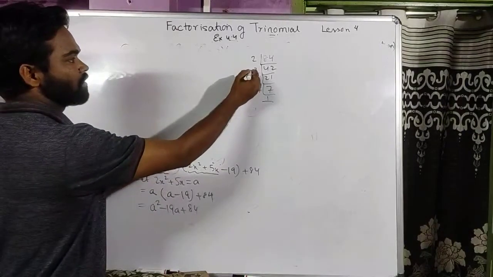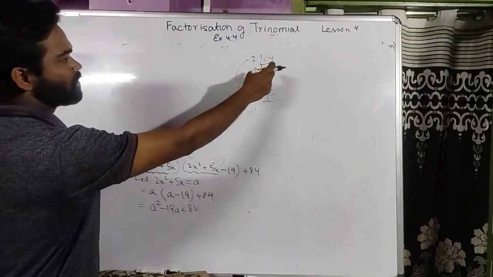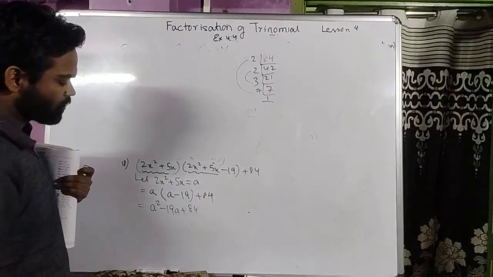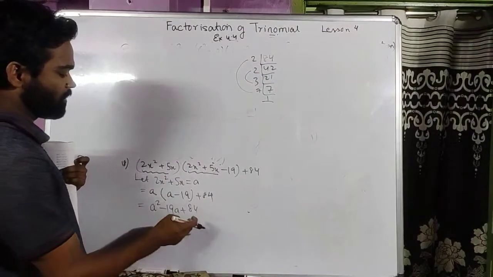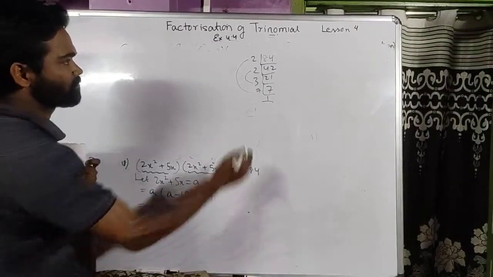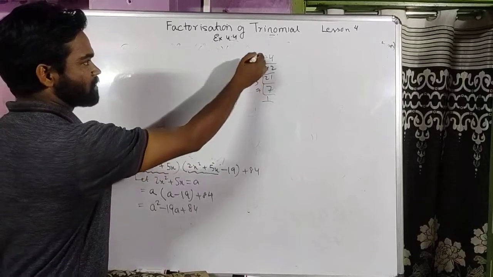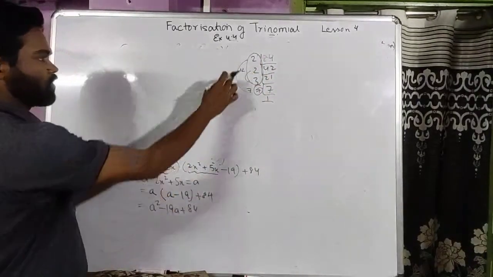Now, the sum of two numbers should come to 19 and the product should be 84. 3 twos are 6. Now this is 12 and this is 7. Yeah, 12 and 7.